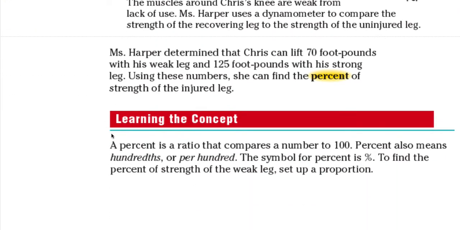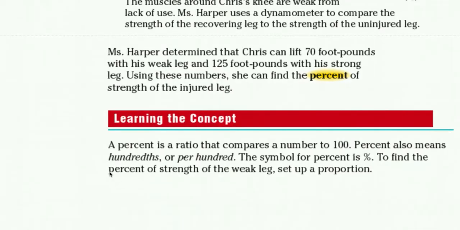A percent is a ratio that compares a number to 100. Percent also means hundredths or per hundred. The symbol for percent is a diagonal line with two little zeros on both sides of the line. To find the percent of strength of the weak leg, we set up a proportion.